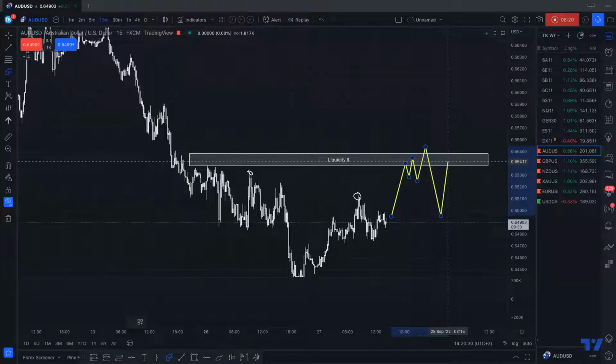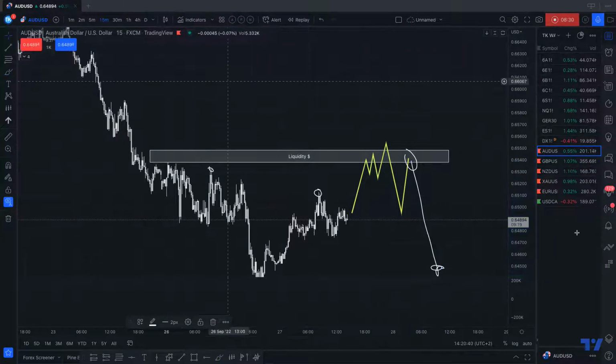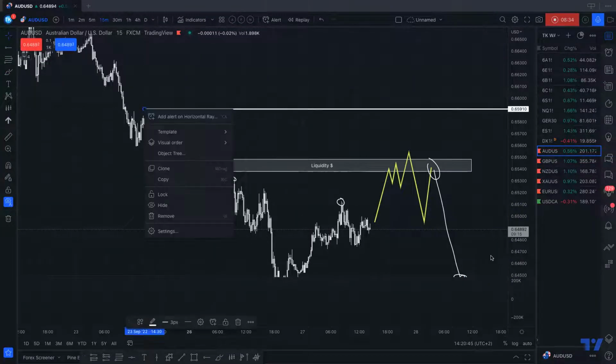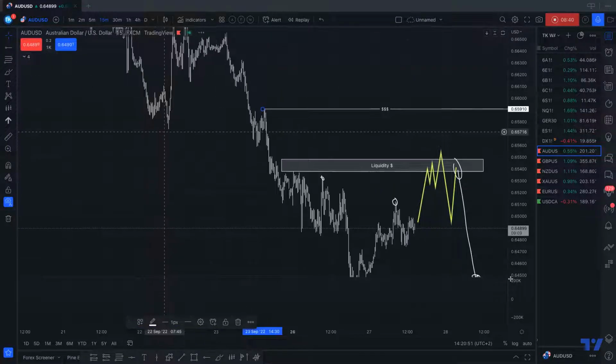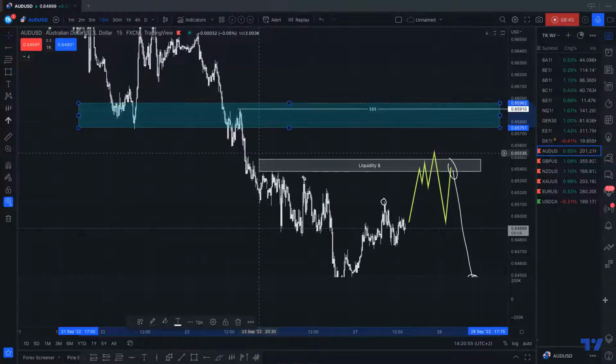So probably this is what I want to wait for. So here I'm going short, and also this one could be good. Okay, we have another huge liquidity over here. This is a strong liquidity area.